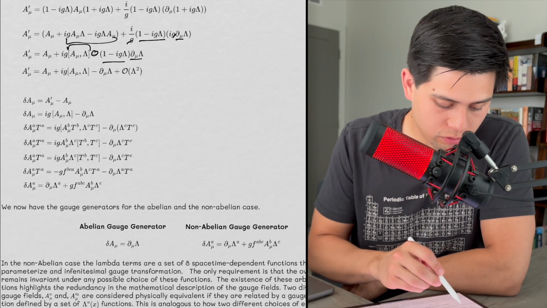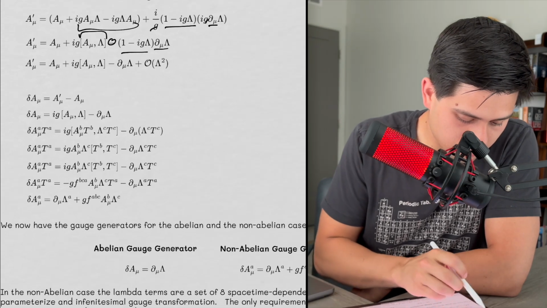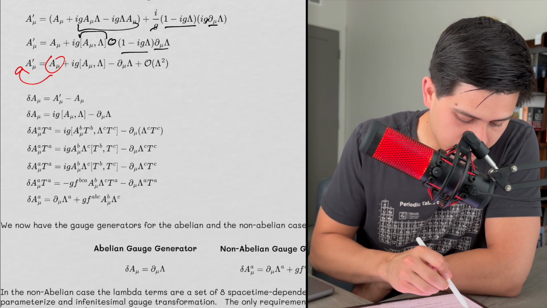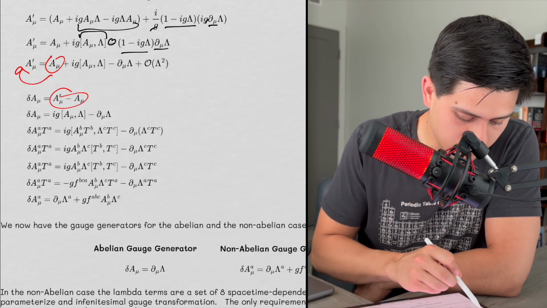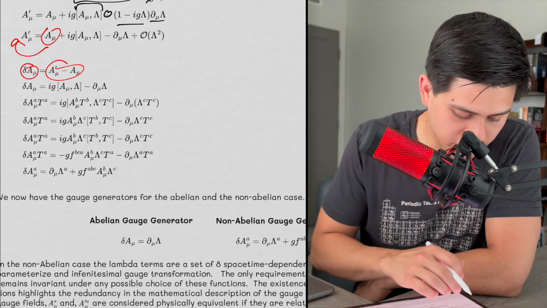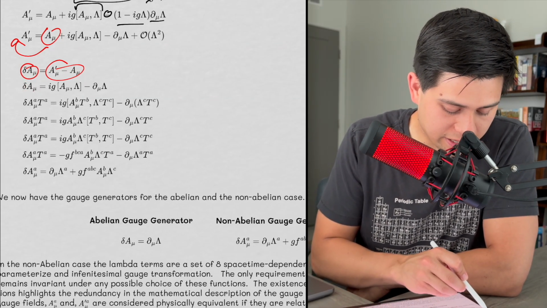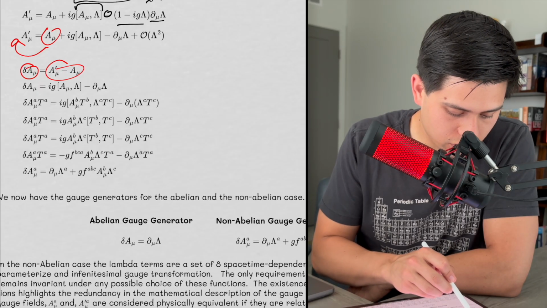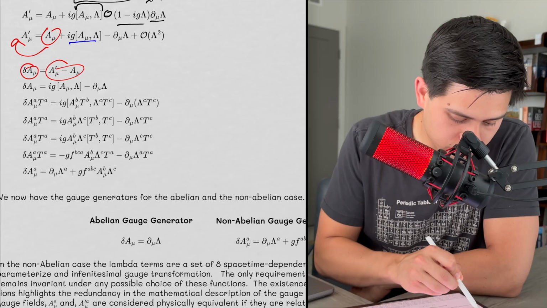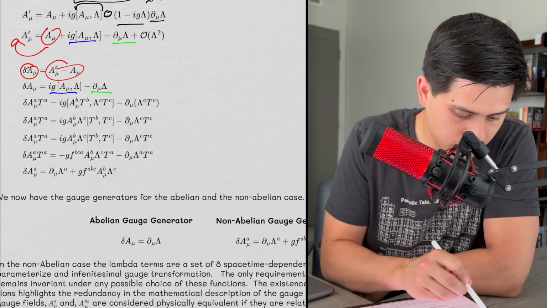And so now we can get this guy right here. Okay, so let's take this guy, bring it to this side. That's going to be this bit right here. We're going to call this the change in A. And then we get this guy right here, so this bit is right here, and this bit is right here.